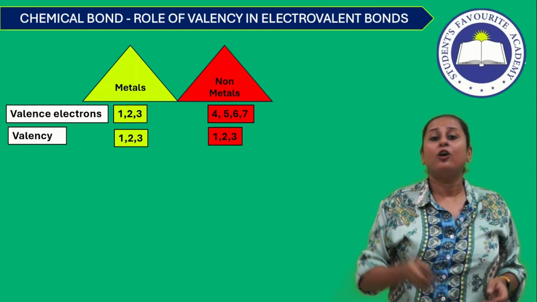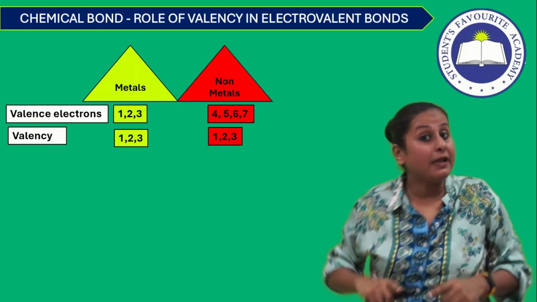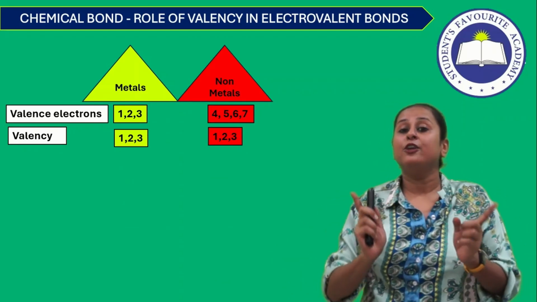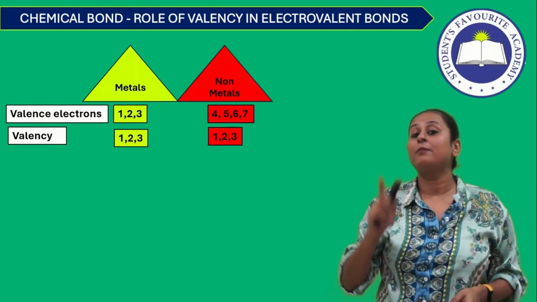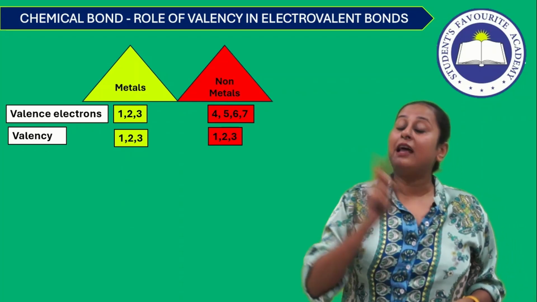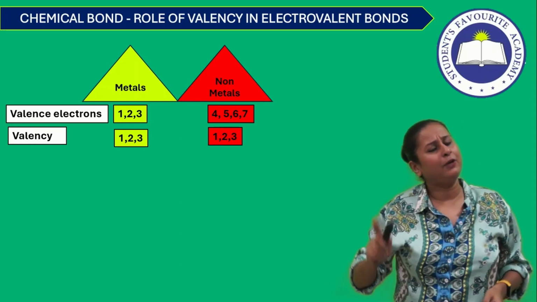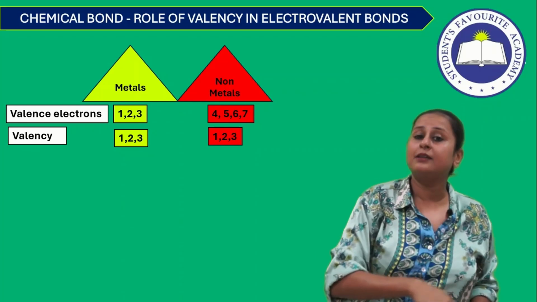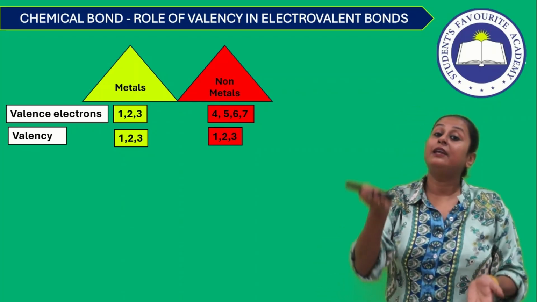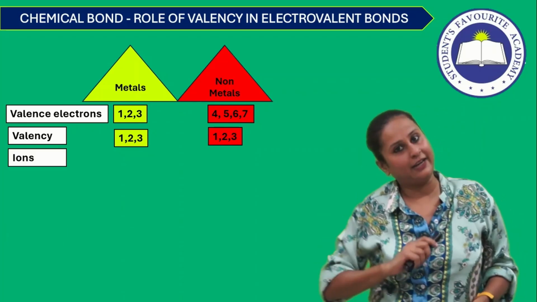Why is that? Because valency is the combining capacity. Valency is not the same as valence electrons, especially when we talk about non-metals. The valency of metals is 1, 2, 3 because it will lose 1, 2 or 3 electrons. But the valency of non-metals is also 1, 2, 3 because it will gain 1, 2 or 3 electrons.